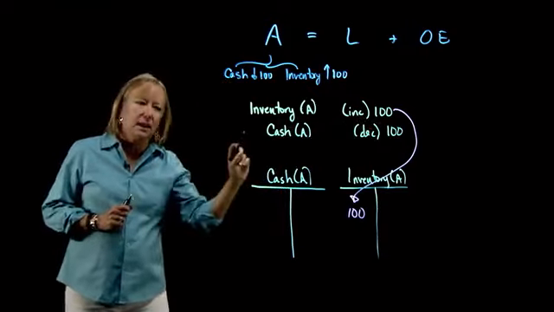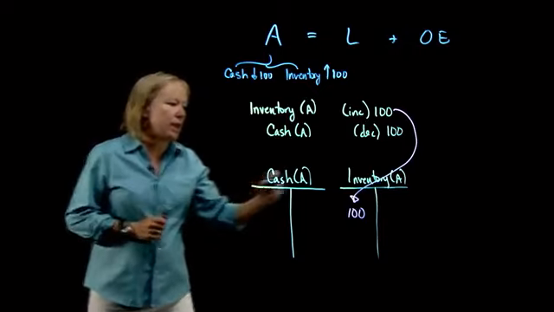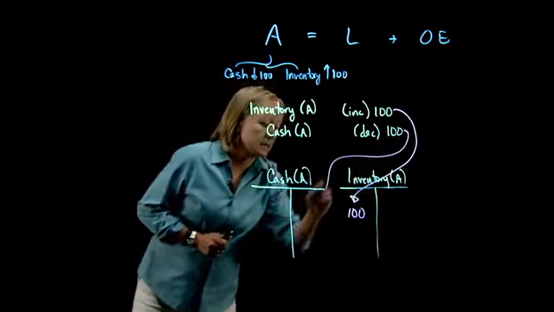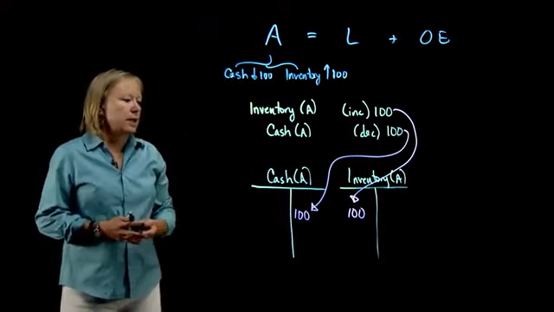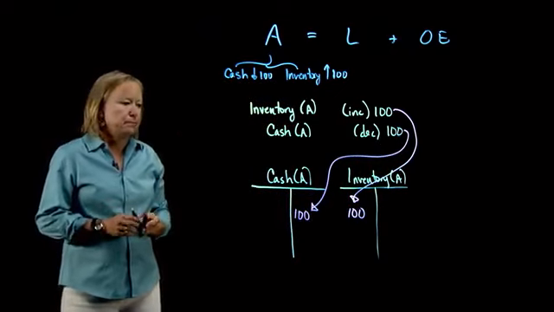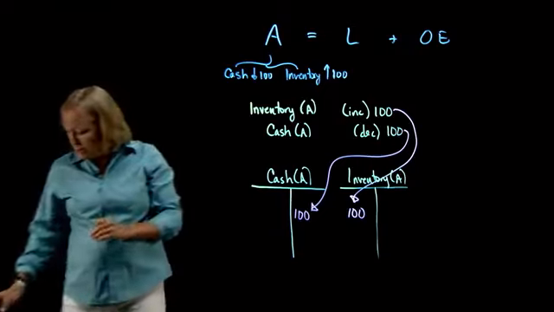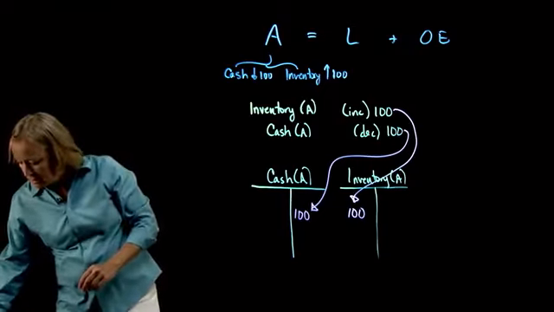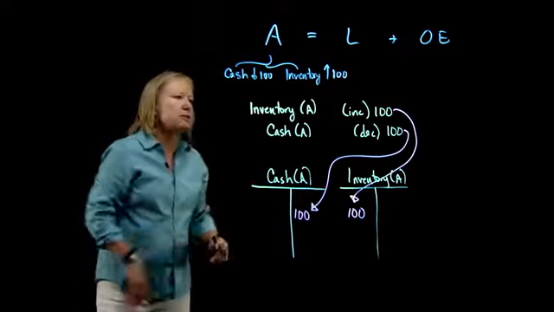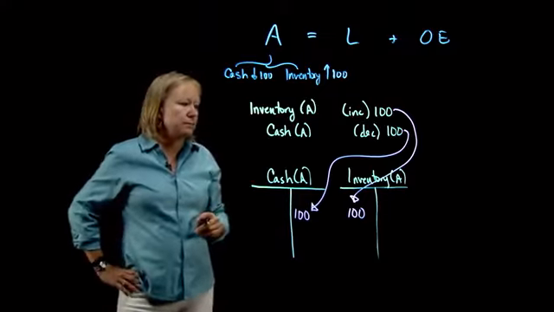That was a right side entry or a credit entry to the cash account. So we would, of course, put that as a right side entry to the cash T account. That's all we need to do to post the journal entry to the individual accounts.